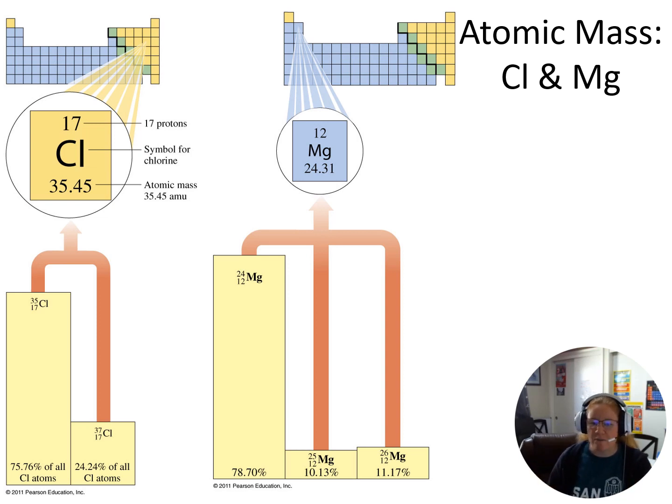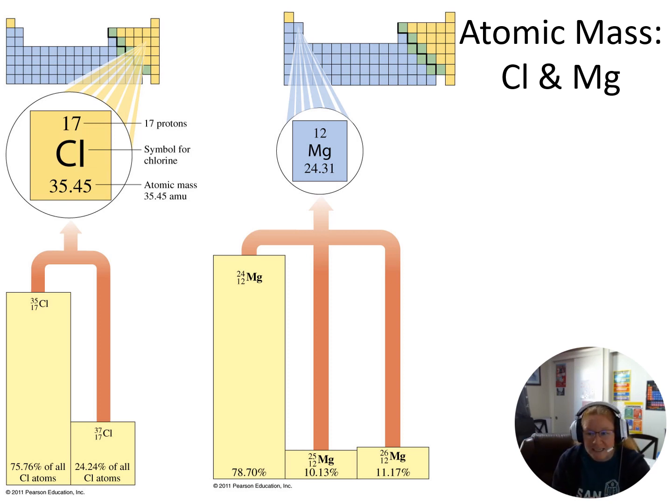And so that's why we have to take the percent abundance and do a weighted average, because each isotope contributes its portion. My mass is closer to 35 because more of the particles only weigh 35. Only a few of them weigh 37.